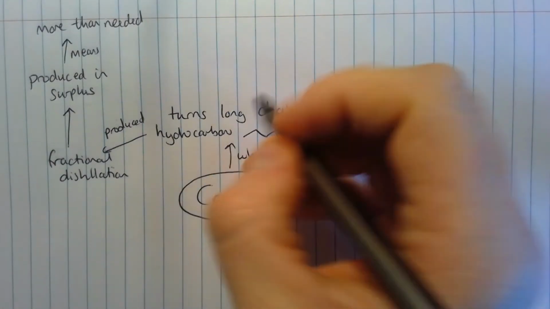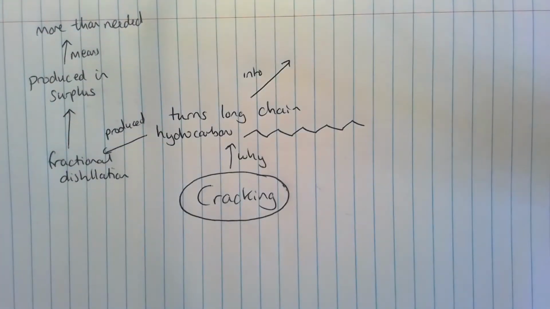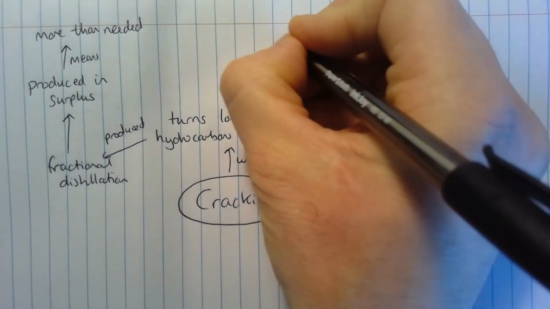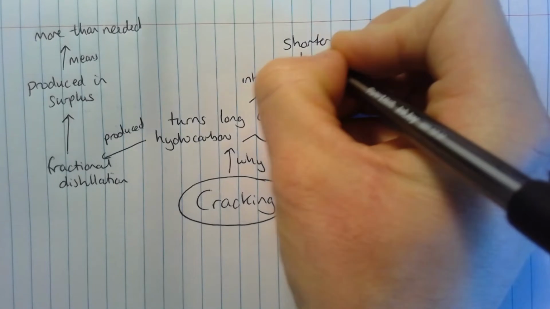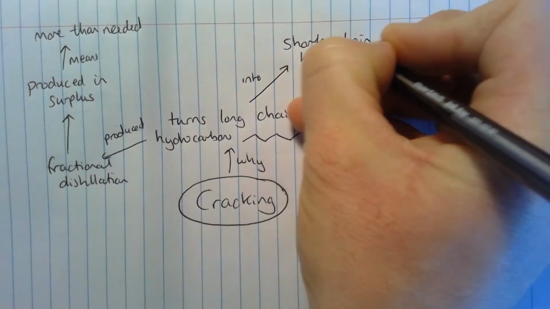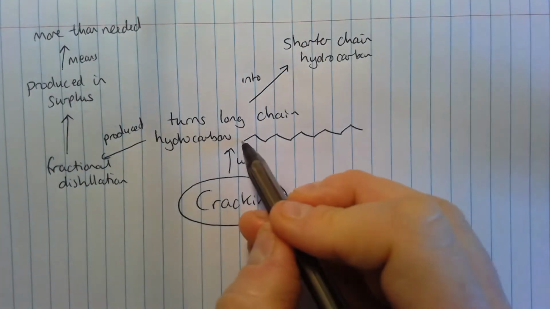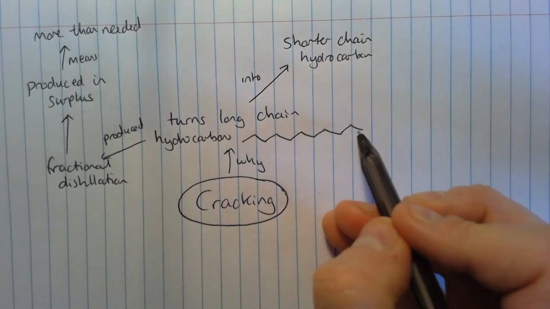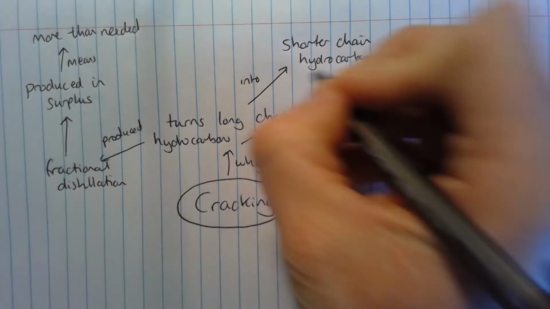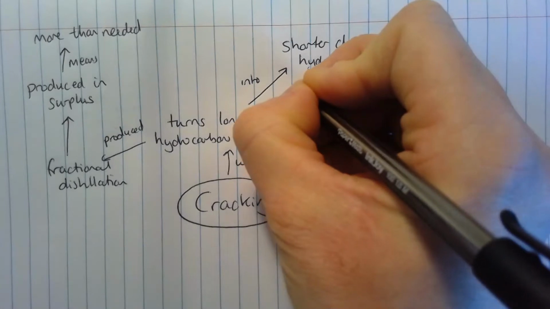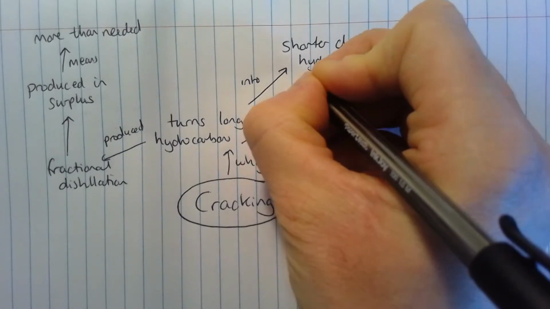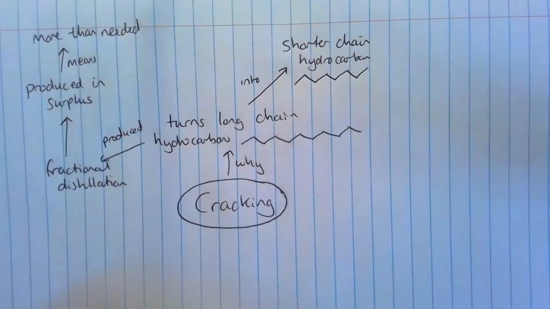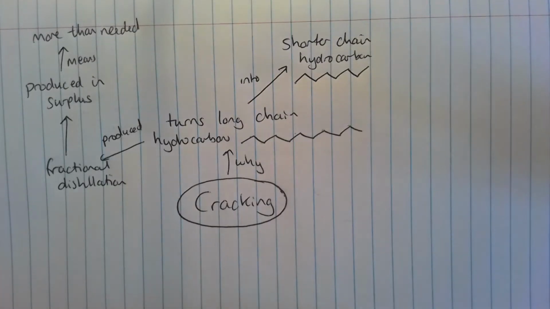The long chain hydrocarbons are turned into two products. A slightly shorter chain hydrocarbon, not that much shorter. So this hydrocarbon here is 1, 2, 3, 4, 5, 6, 7, 8, 9, 10, 11 carbon atoms long, and it's going to be broken into a chain which has got 1, 2, 3, 4, 5, 6, 7, 8 carbon atoms in it.